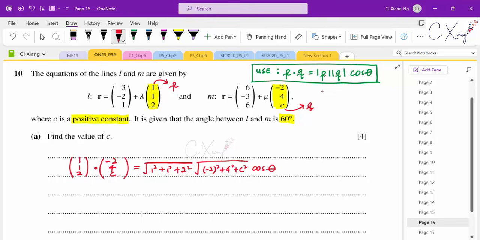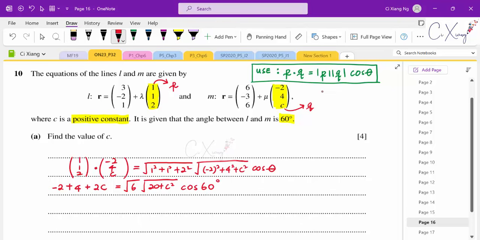The dot product means x multiplied with x plus y multiplied with y, which is -2 plus 4, then plus 2c. It is equal to, on the right, square root of 4 plus 1 plus 1, which is 6. Then this one you should be having 20 plus c squared. And theta means 60 degrees, so you put cos 60 degrees.